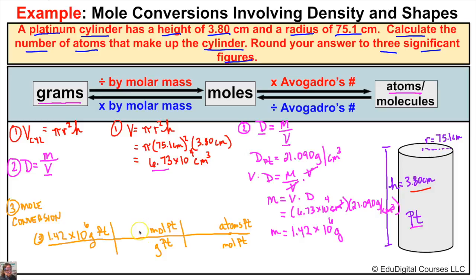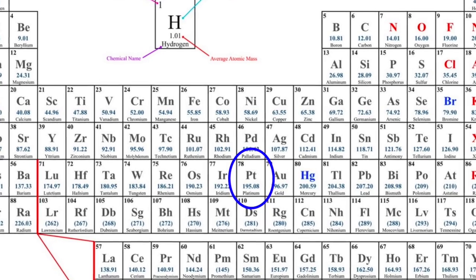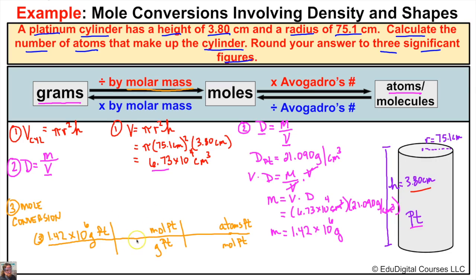So what's going to go right here? Well, this is where we look on our periodic table and find the molar mass of platinum. And if you take a look at the periodic table that just popped up, you'll see that the molar mass of platinum is 195.08. This means that for every 1 mole of platinum, it's going to have a mass of 195.08 grams.